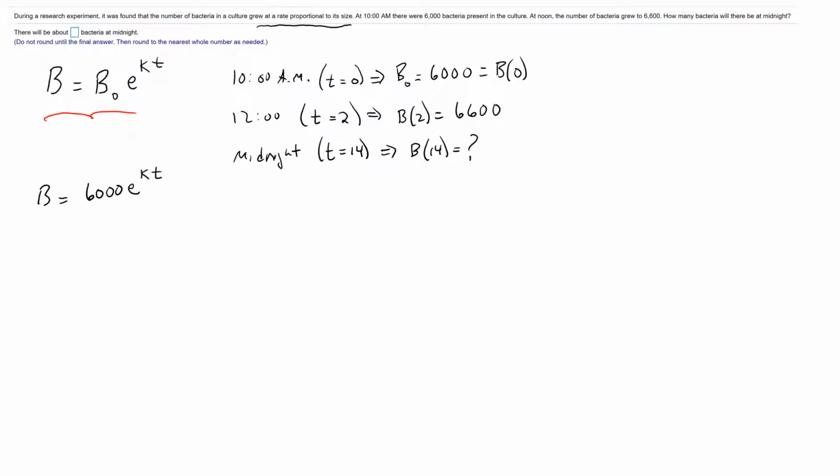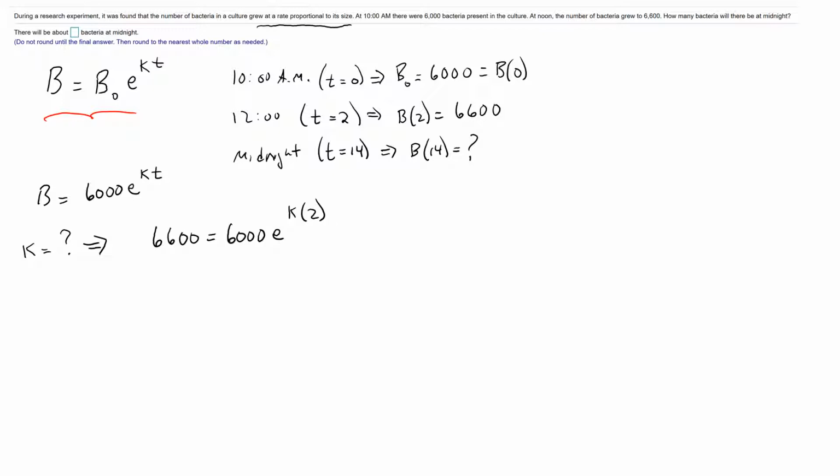To find the value of k, we're going to plug in the knowledge that we know. If we plug a 2 in for t, B will end up being 6,600. So B is 6,600 if t is 2.